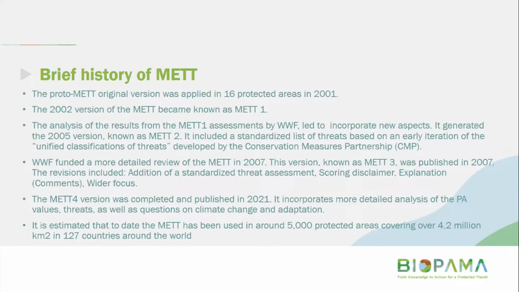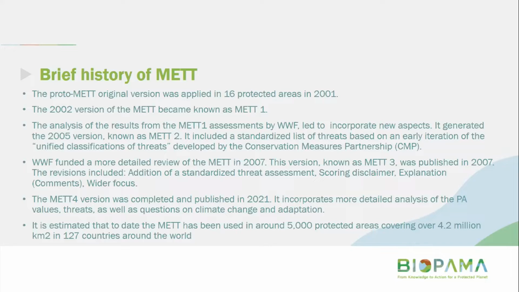That produced a new version in 2005 that was known as the METT-2, and started including a standardized list of threats based on an early iteration of the unified classification of threats produced by the Conservation Measures Partnership, or CMP. That list of threats is still available online.